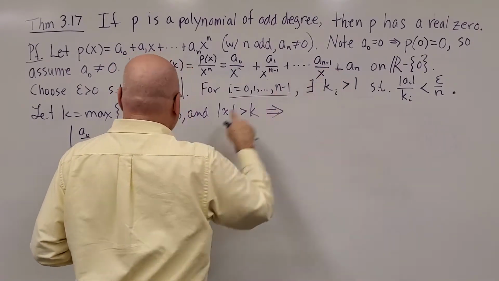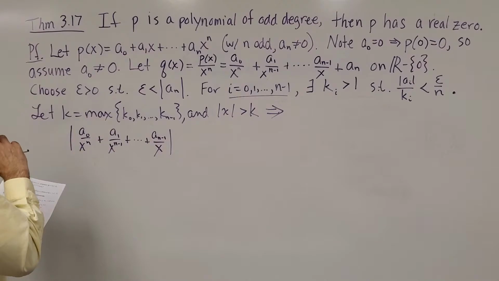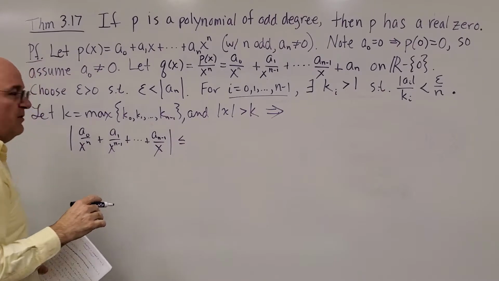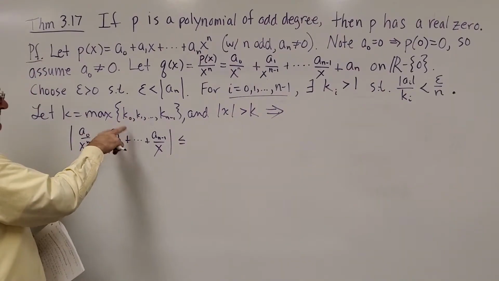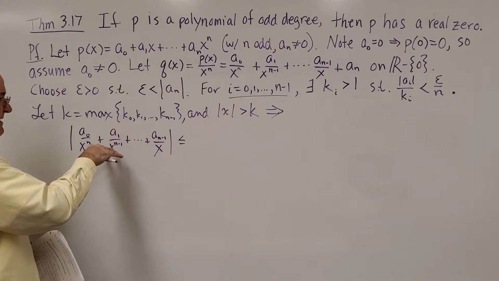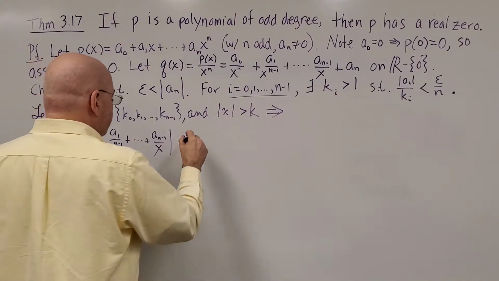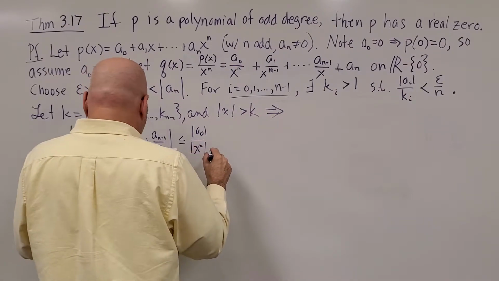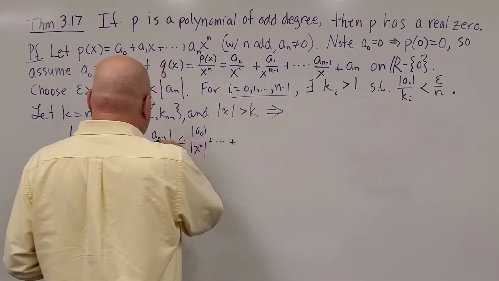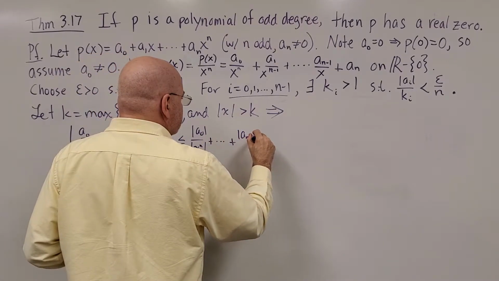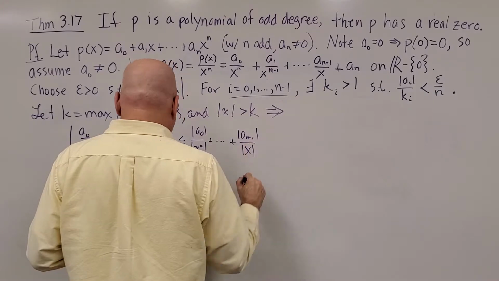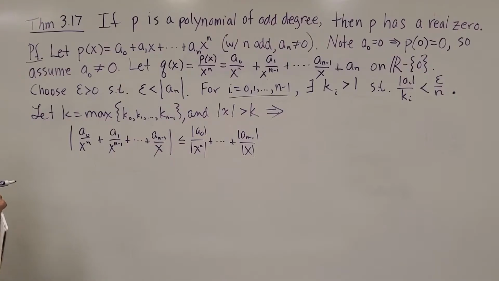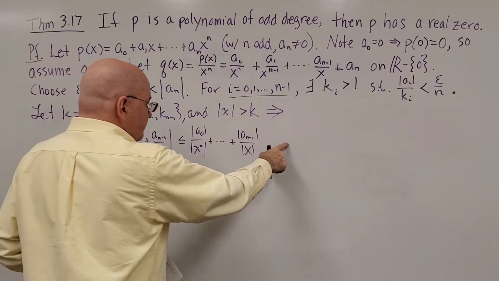So we left off the an term, which wasn't being divided by x. Well, by the triangle inequality, this is going to be less than the sum of the absolute values. The absolute value of the sum is less than the sum of the absolute values. So a0 over x to the n plus, dot, dot, dot, all the way up to a_(n-1) on top in absolute values over that. Okay, that's the triangle inequality if you want to write the justification.